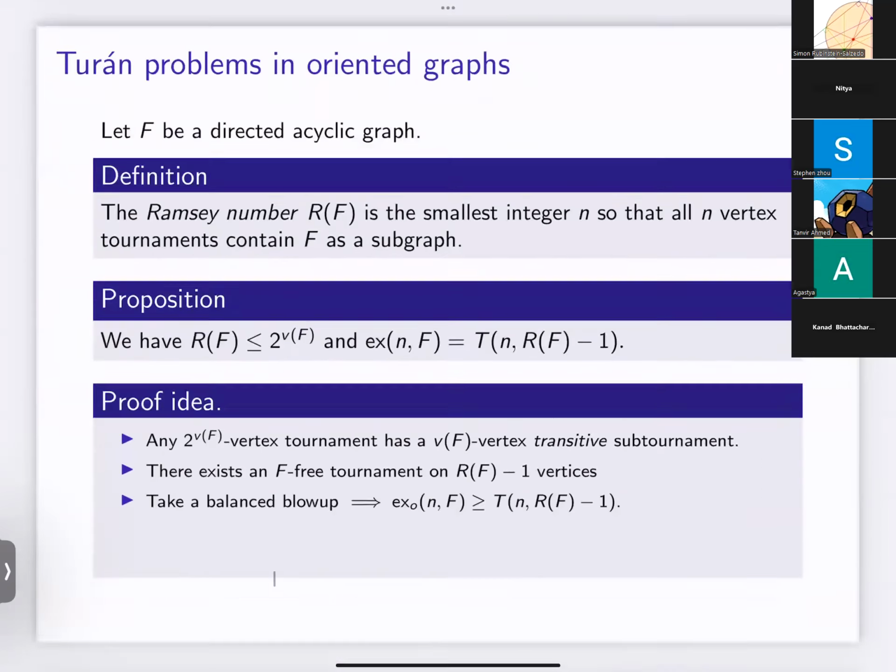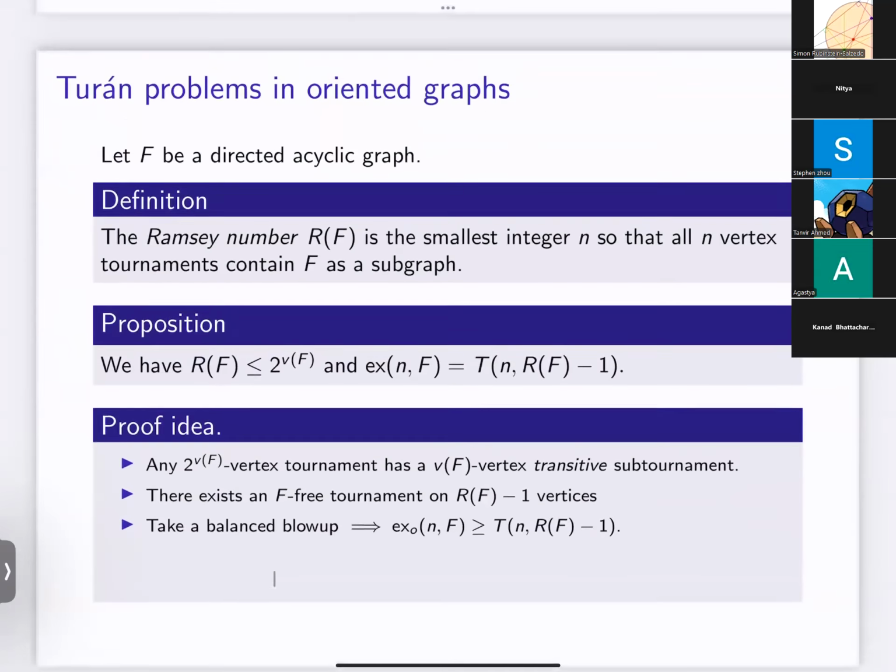So now if I combine these two observations, I can get a lower bound by taking a tournament with the Ramsey number minus 1 vertices, and I can replace each vertex in that tournament. I'll do a similar thing to the Turán construction. If you remember, in the Turán construction, if I want to avoid a 7-clique, I take a balanced 6-partite graph.